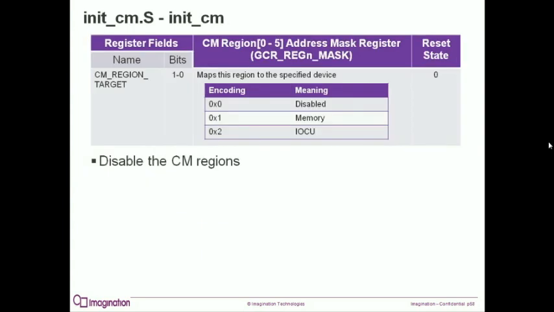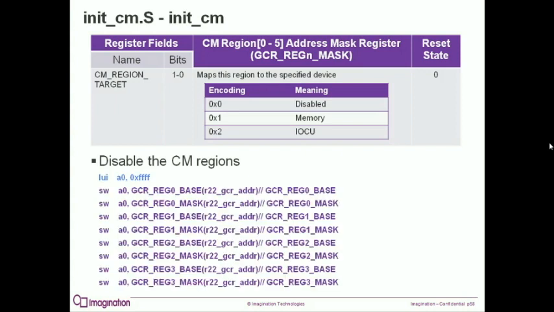If there is an IOCU, the code will disable the IOCU regions. The code loads an upper immediate value into A0. This value sets bits 16 through 31 and clears bits 0 through 15. As you can see from the table, the lowest bit, bit 0, set to 0 will disable the CM region.